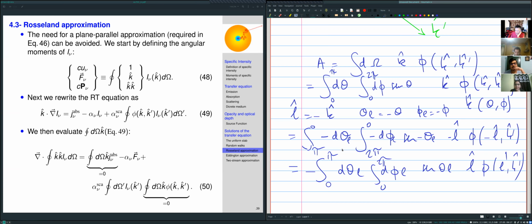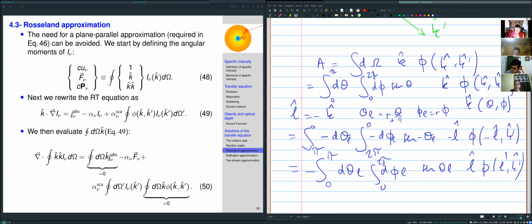I think I made something wrong again. This isn't right. If I change the direction of k into minus k, this isn't true. If I put k into minus k, we have theta L is theta plus pi.